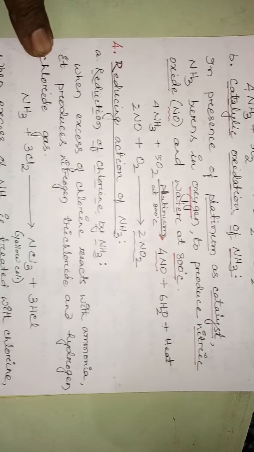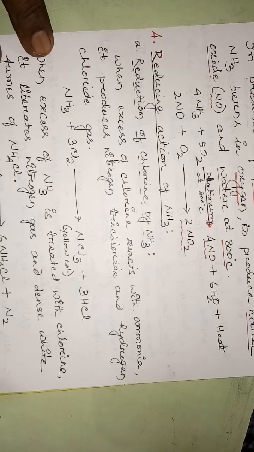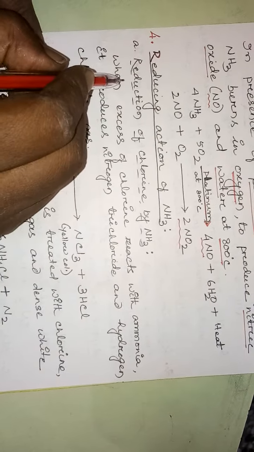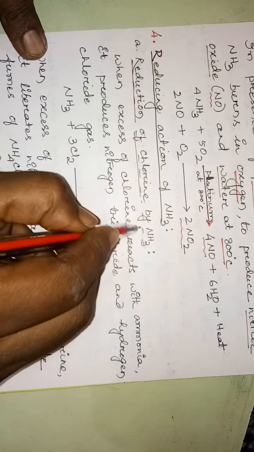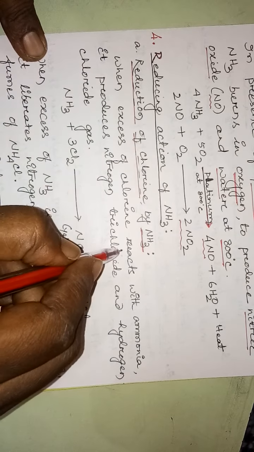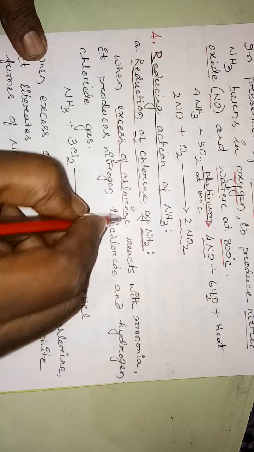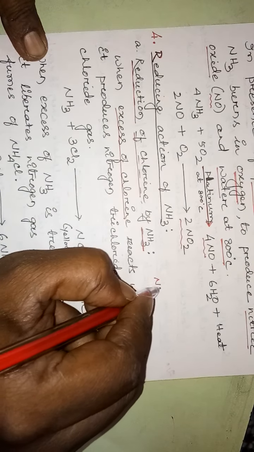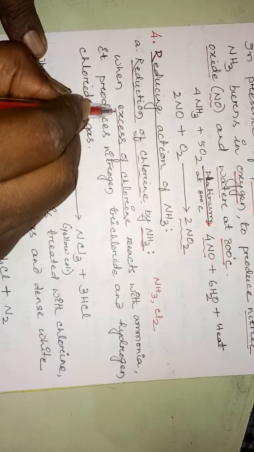Another reaction of ammonia is the reducing action of ammonia. So we'll now discuss the reduction of chlorine by ammonia, how ammonia reduces. There are two types of reactions: when ammonia is in excess and when chlorine is in excess. First we'll discuss excess of chlorine.